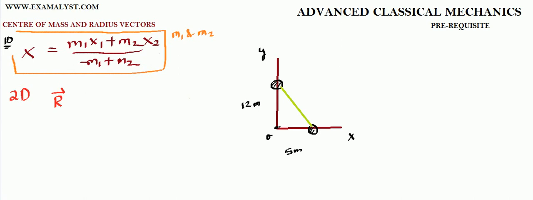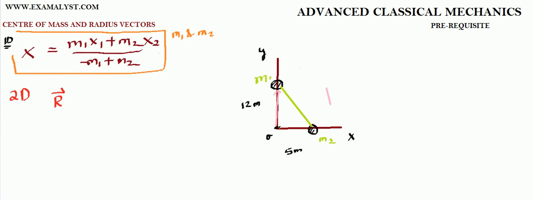Consider this is of mass m1 and this is of mass m2. The first ball, that is m1, is represented by a radius vector r1.